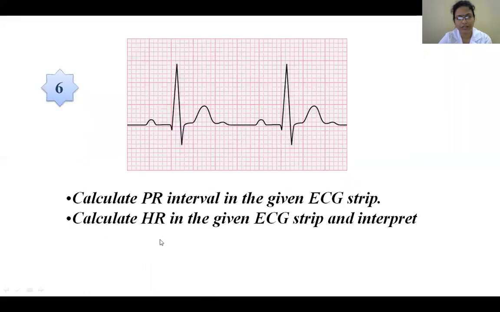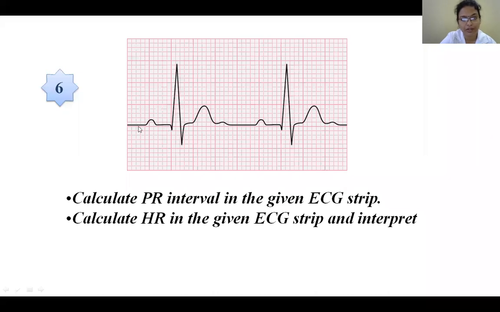So again, calculate the PR interval in this given ECG strip and calculate the heart rate. I think you students should start solving this over here. If you calculate the PR interval, how much should it come to here? 1, 2, 3, 4, 5, 6 boxes.